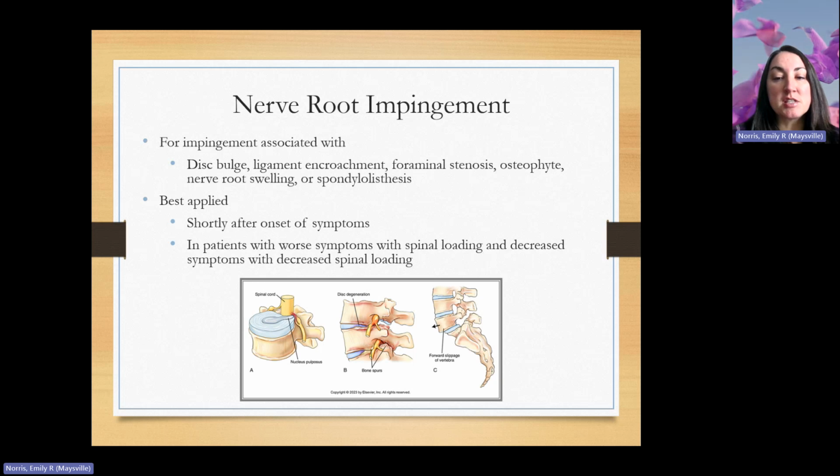So spondylolisthesis is that sliding forward of a vertebrae because the pars interarticularis, which is the part that connects one spine of the vertebrae to the vertebrae above and or below it. If it breaks, if there's a fracture there, that bone is no longer stable and can move.